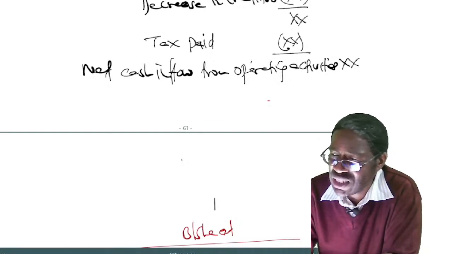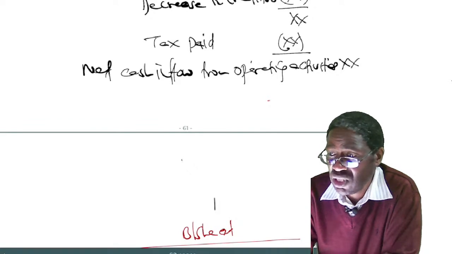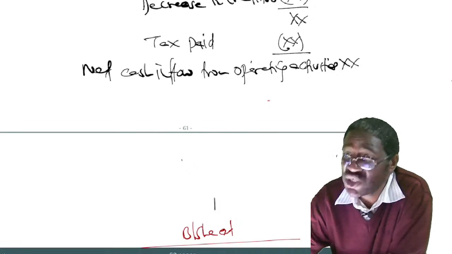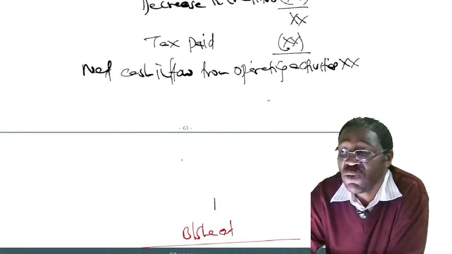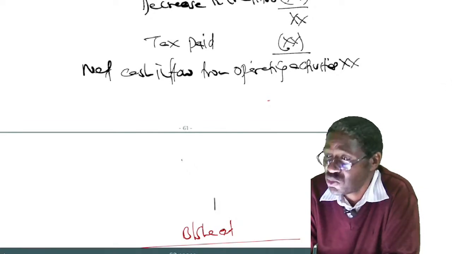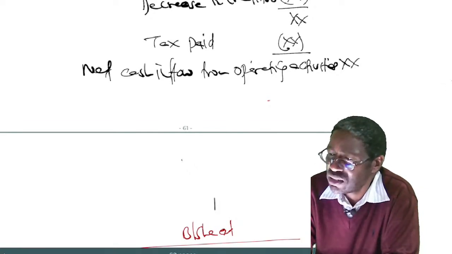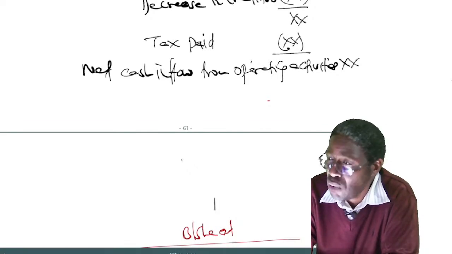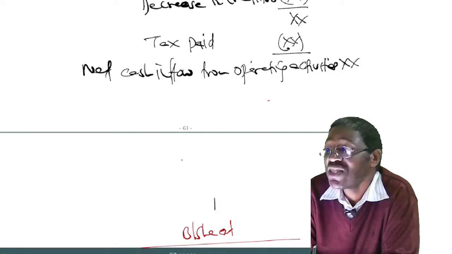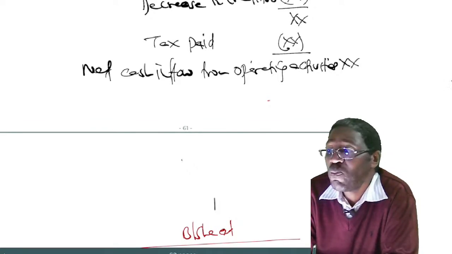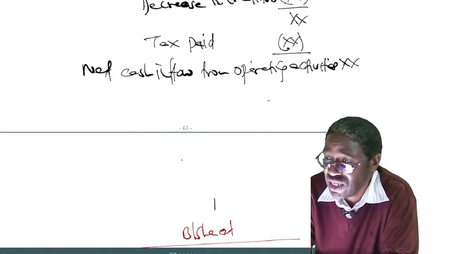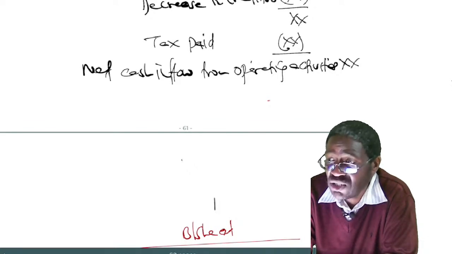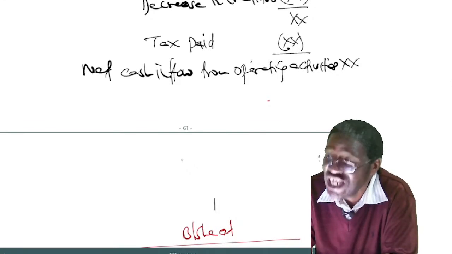If you choose as a company to use it as an operating activity, then together with the tax paid, you also have interest paid. But if you take it that you are paying interest to the financiers, then you consider it as a return to financiers, and therefore it will go to financing. So you are allowed to use it in either of the two.